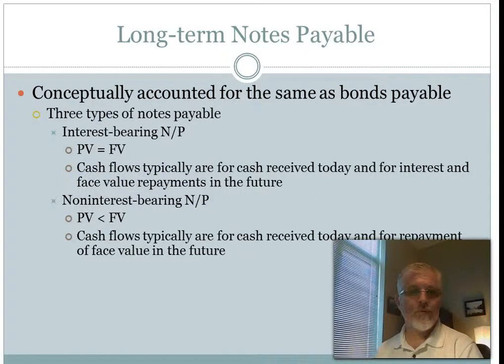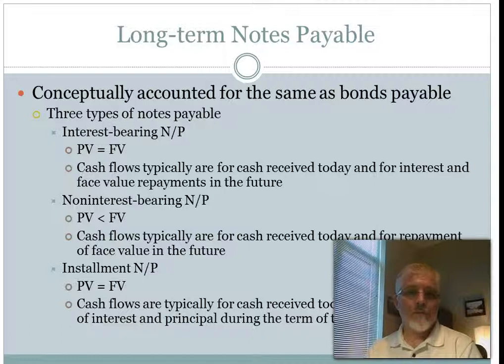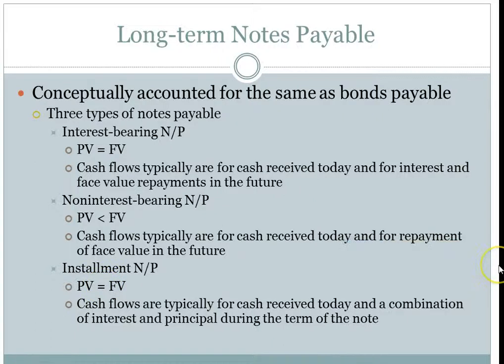The third type of note that we see in business, and this is the note payable that you and I are more commonly associated with, is an installment note payable. Whereas interest-bearing and non-interest-bearing notes are cash flows in today and cash flows out at some point in the future, an installment note payable is something that you and I are familiar with.